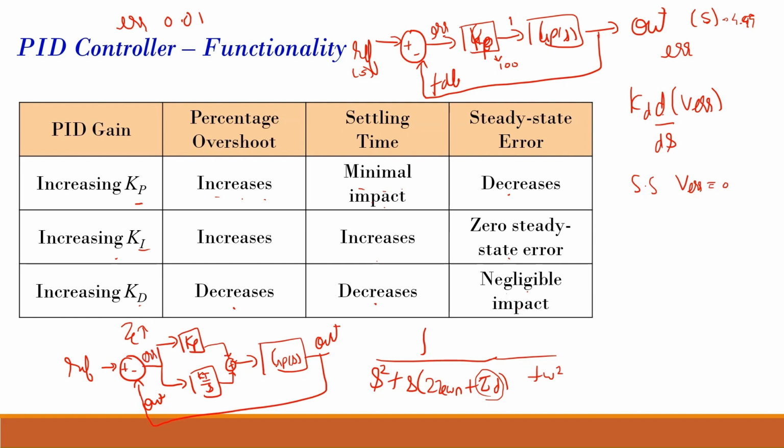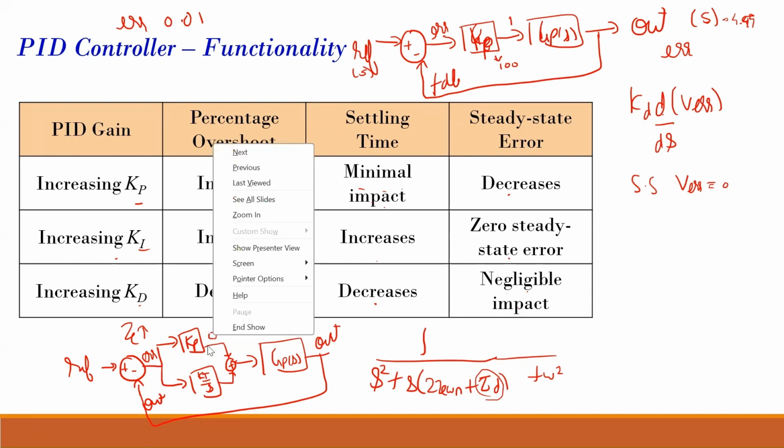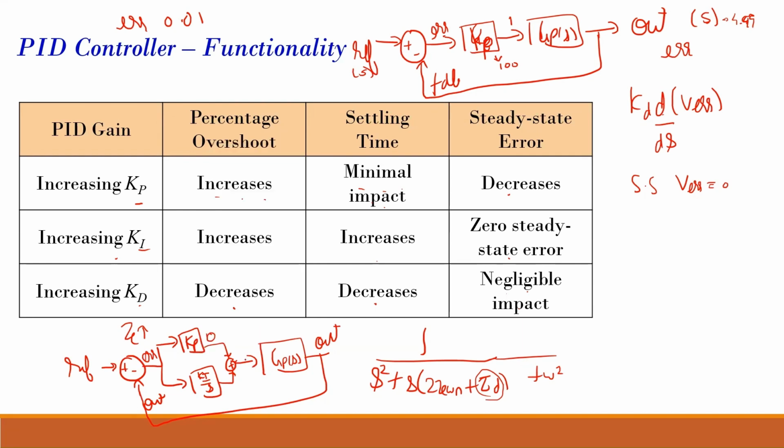So just consider steady state. What actually happens is, suppose the error is 0. The proportional part will have output 0, but the integrator will not have output 0. It will have a history term, and that history term will give the value of 1.